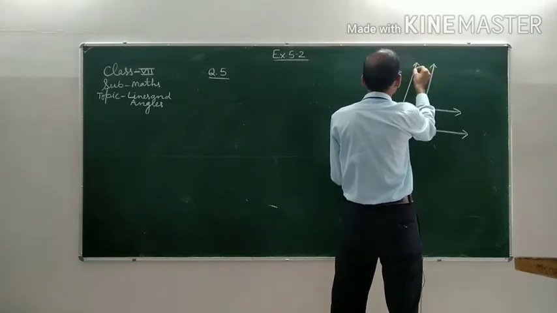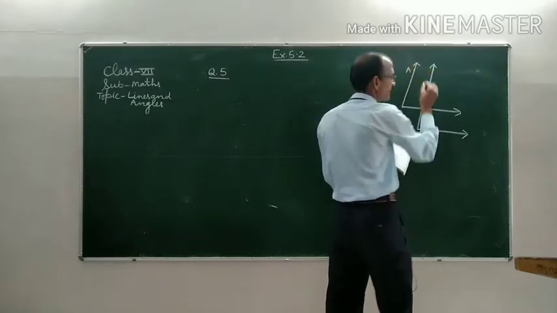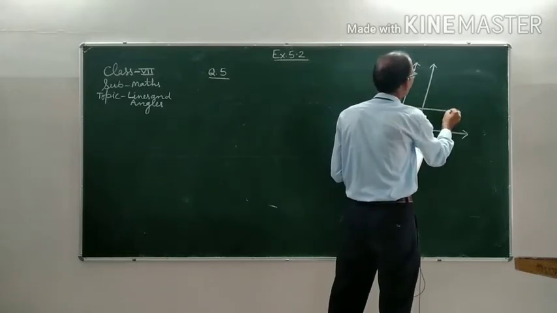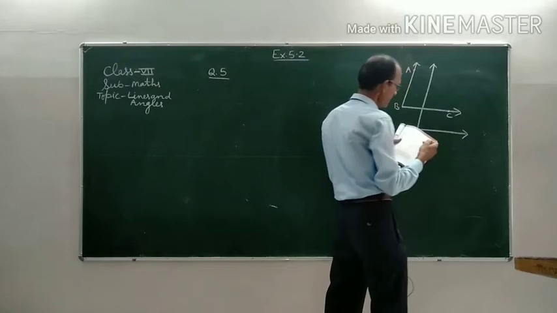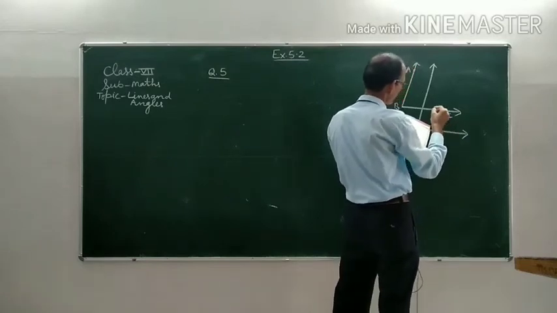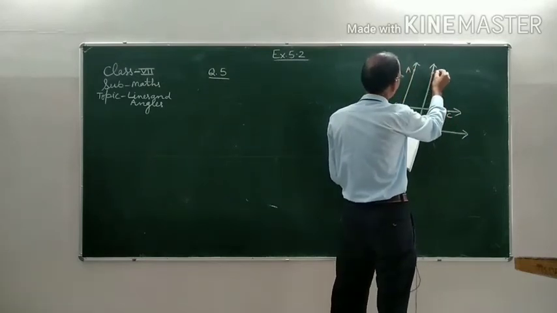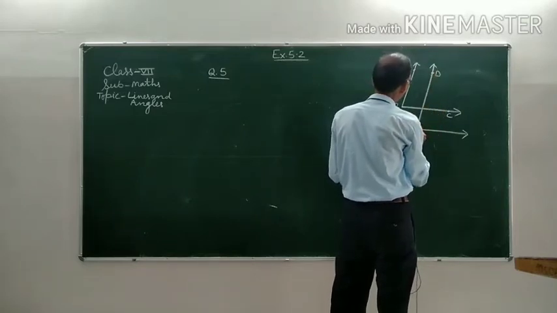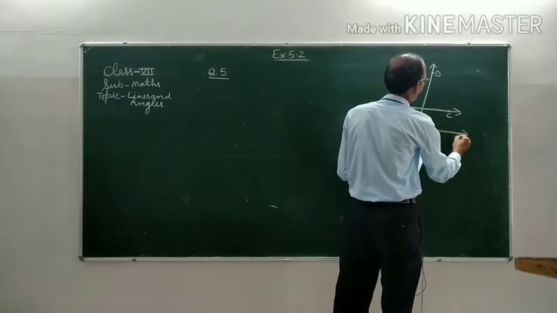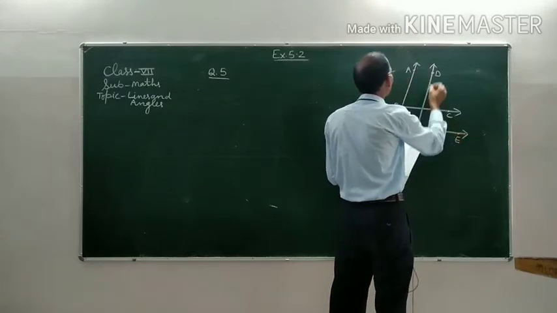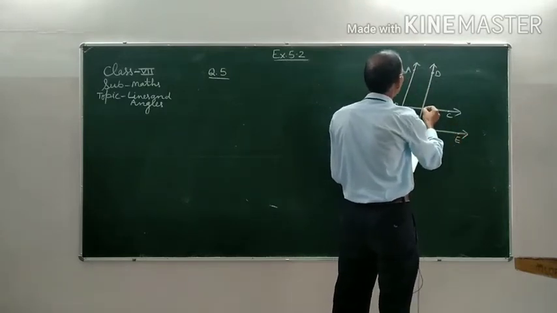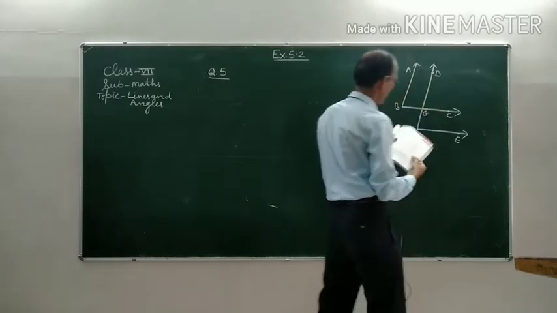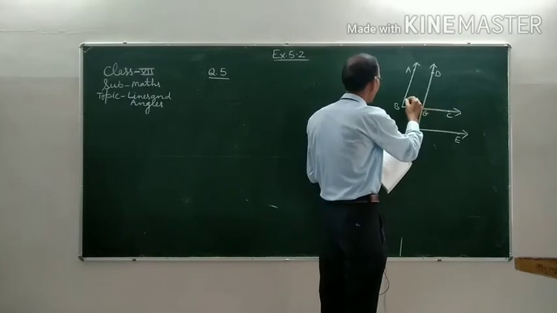This is angle ABC, and this is angle DEF. These two lines intersect each other at G. This angle ABC is given 70 degree.